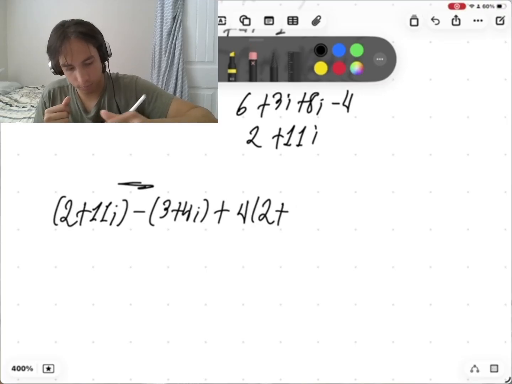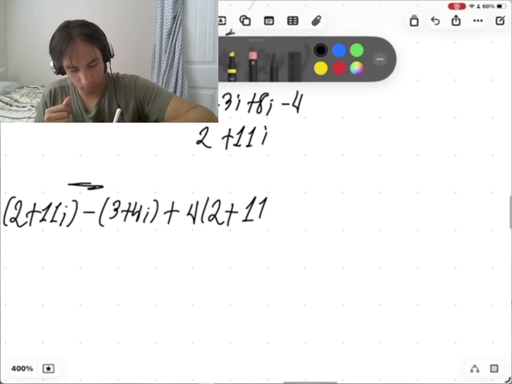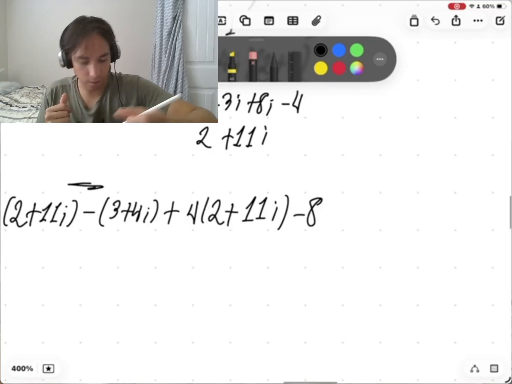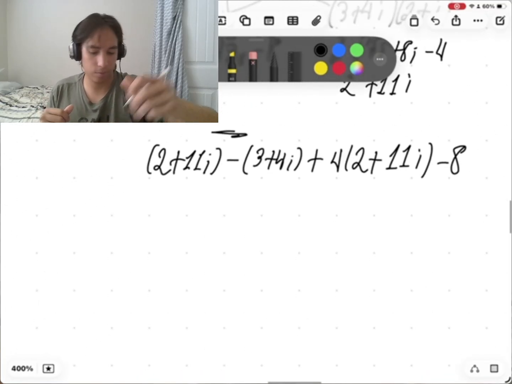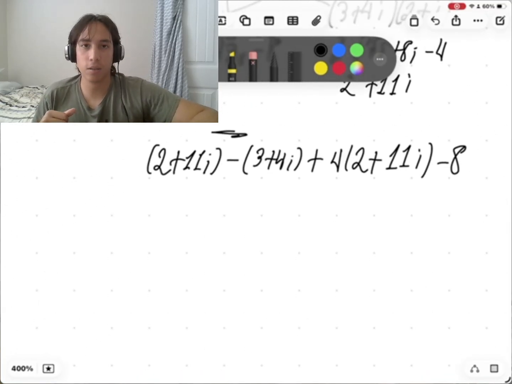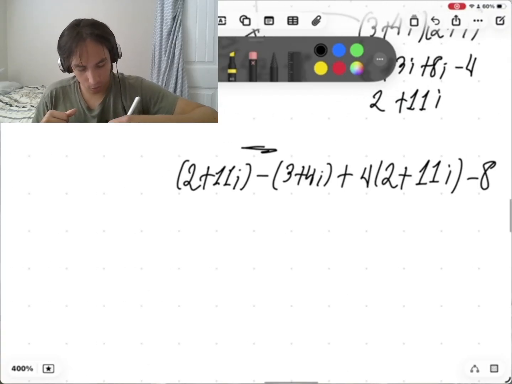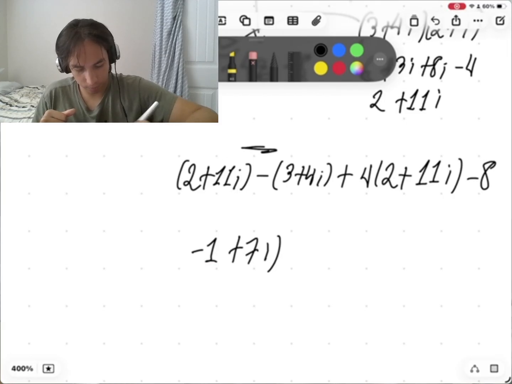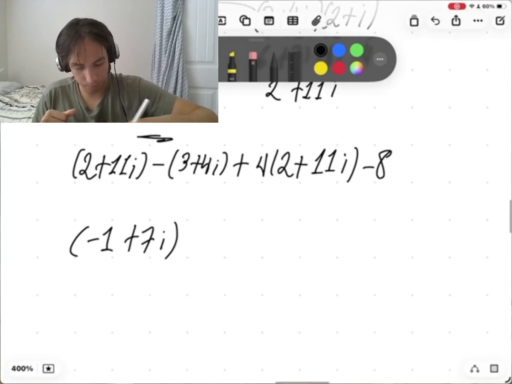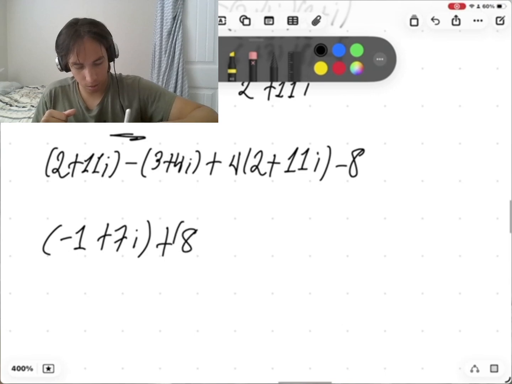2 plus 11I minus 8. There we go. I shouldn't have erased all of it, now that I think about it. But anyway, 2 minus 3 is negative 1. And this is going to be equal to 7I plus 7I plus 8 plus 44I minus 8.